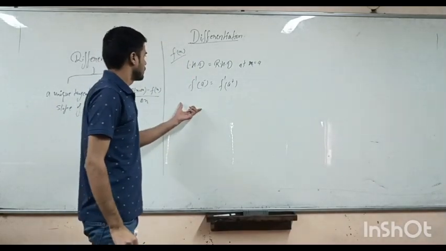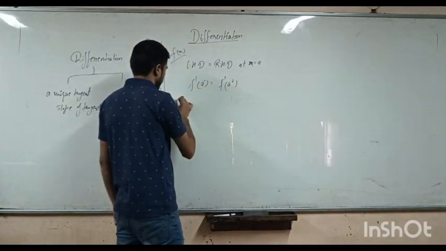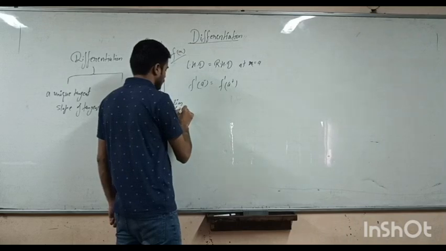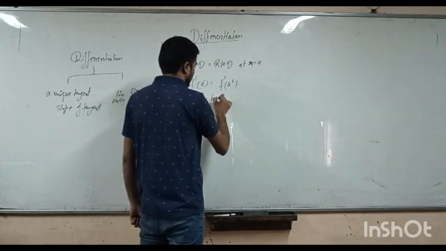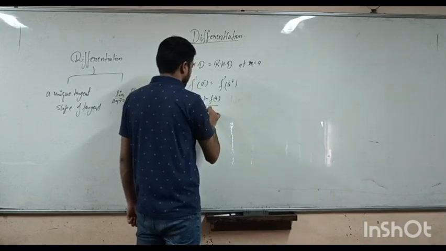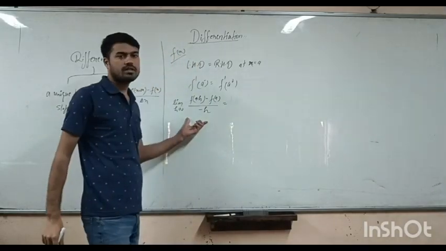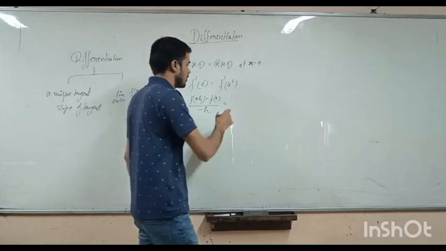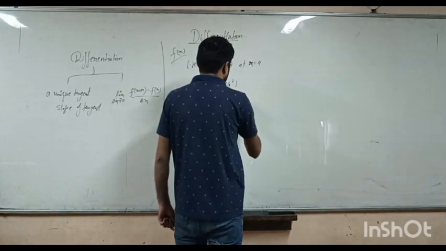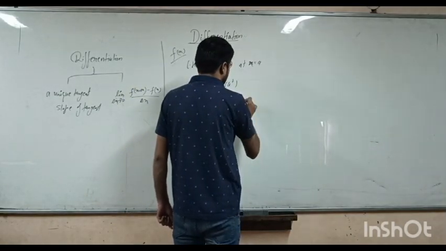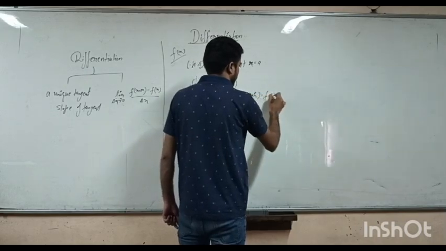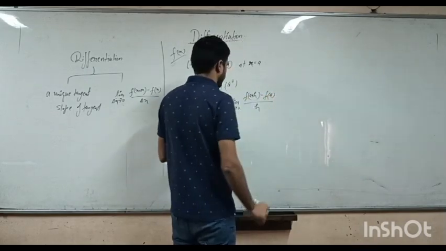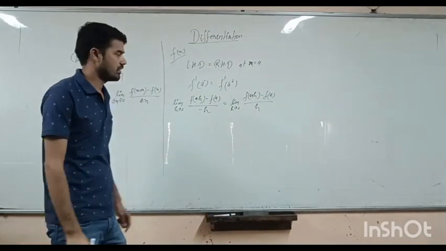The left hand derivative is the limit h tends to 0 of f(a minus h) minus f(a) divided by minus h. The right hand derivative is the limit h tends to 0 of f(a plus h) minus f(a) divided by h.